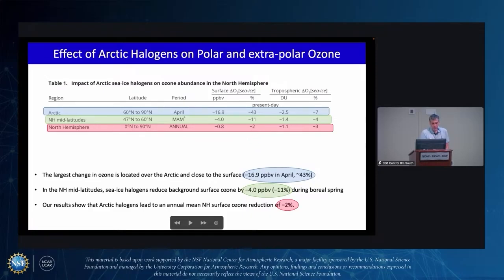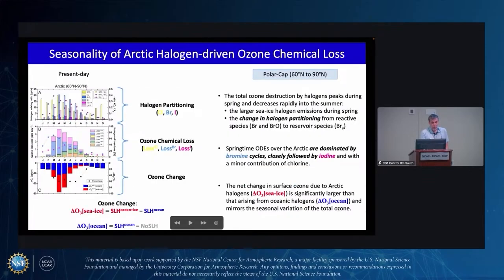So this is showing and highlighting that these Arctic halogen emissions are important on a seasonal and local scale, but, I mean, it won't affect the global mean. On a regional scale, in the springtime, it is important. And why is that? Why do we have these springtime pools?